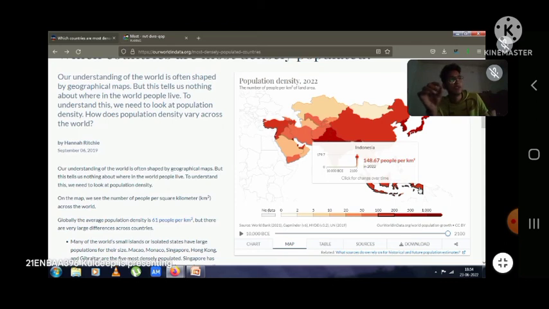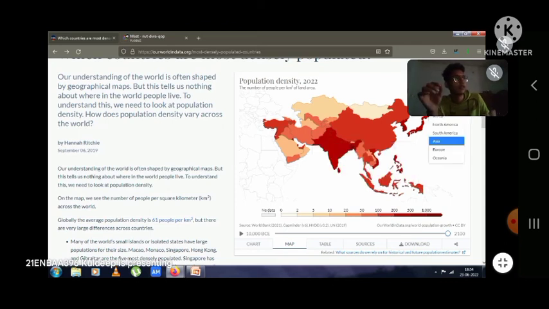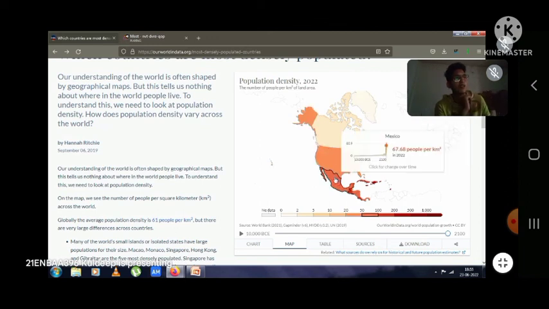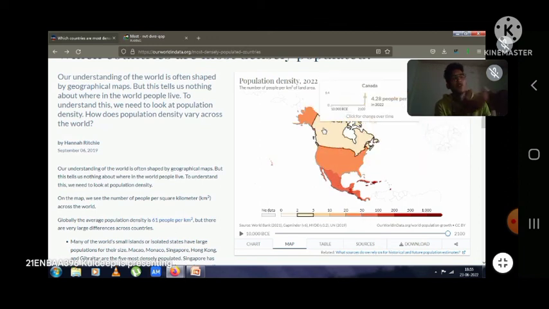Now let's look at North America. In North America, the United States has only 36, very spread, very less dense or least dense populated areas. And this is Mexico with 67, and Canada 4.28. I mean, only 5 people living per kilometer.